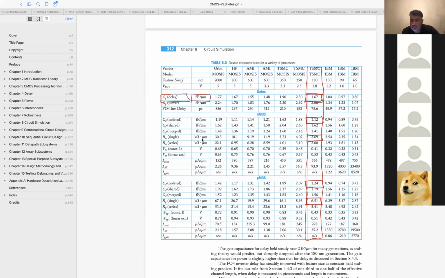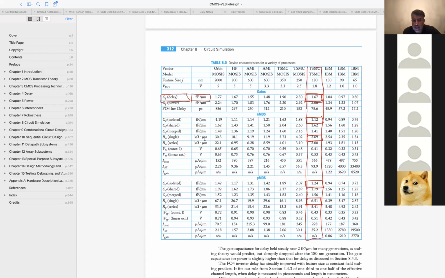Well, it turns out that as you make a transistor wider, so let's say 10 microns, in this model a 10 micron wide transistor has 1/10 the resistance of a 1 micron transistor, because it has 10 times the output current of a 1 micron wide transistor, given the same voltages, same process, etc. Because you have the W over L component in your IDS values.